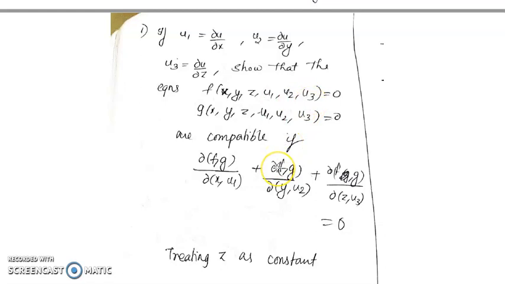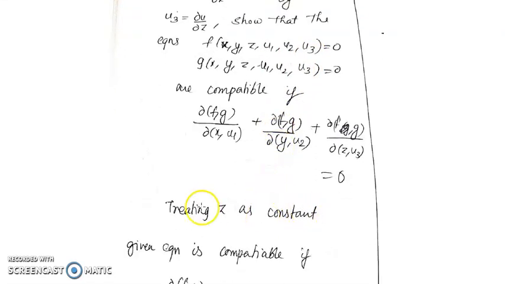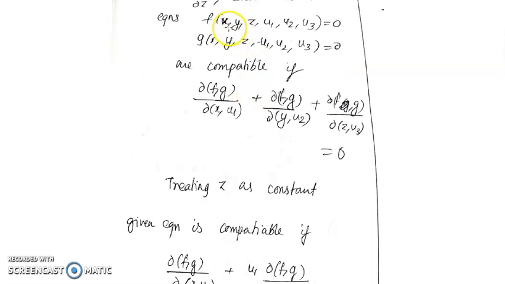Now the method of solving this is, first we will consider z to be a constant. So if z is a constant, this reduces to a function of xy u1 and u2. Then this is our first formula, f of xy pq. So you have xy, then this is dou u by dou x and dou u by dou y.